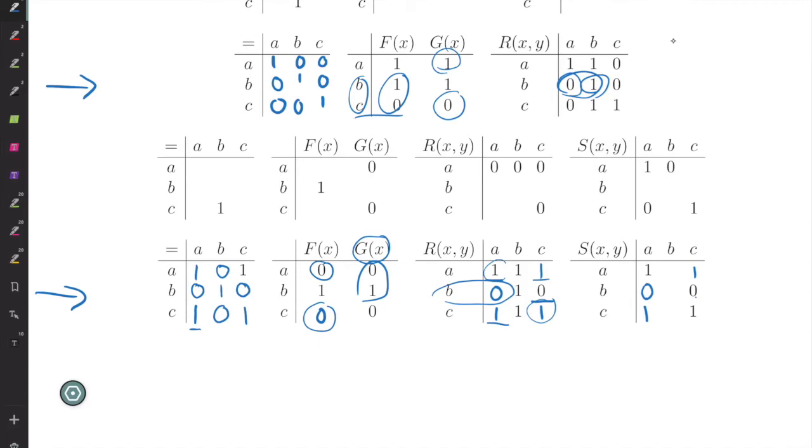I haven't been given any information about that. All I know is that these two values should be the same because A and C are the same. But I don't know what either of them is, so that doesn't give me any information. So I'm going to put question marks there because we're not given enough information to find that out.